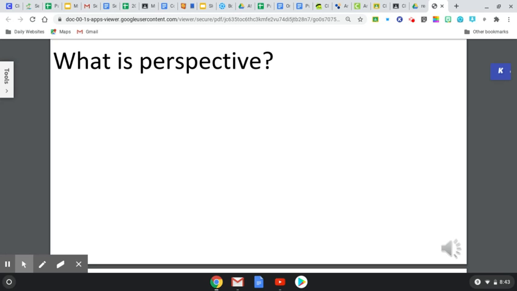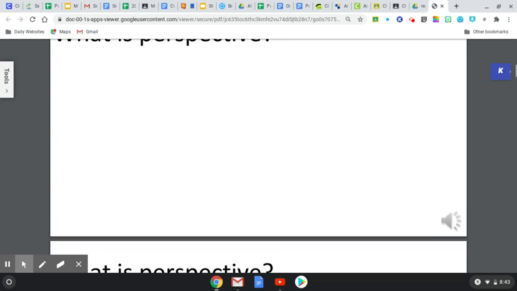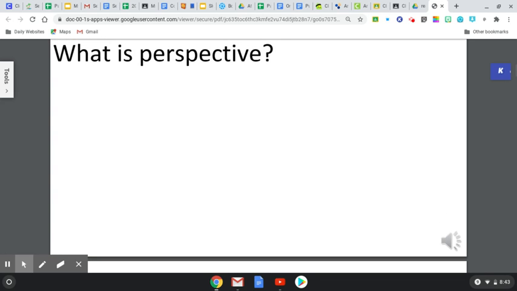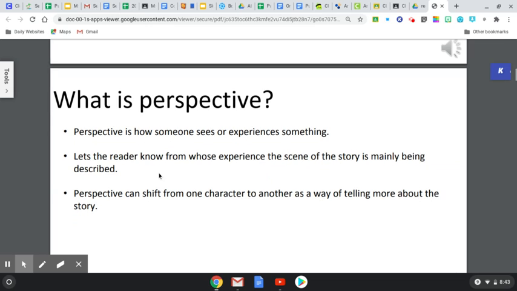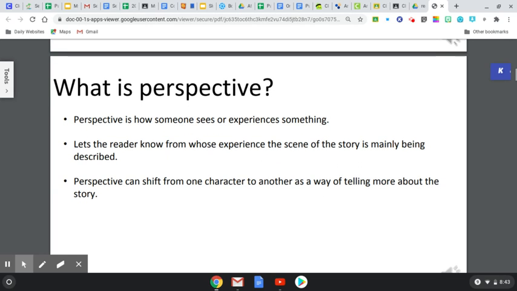We're in Mole's house, and then he comes out into the spring air and down to the river, and we're following Mole around, and we see what Mole sees and what Mole is doing. So we're following Mole's perspective, not Rat's, because we started out with Mole in his house and we're following him around. So perspective is how someone sees or experiences something.